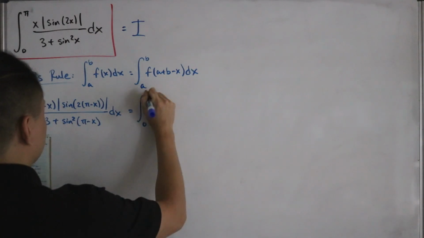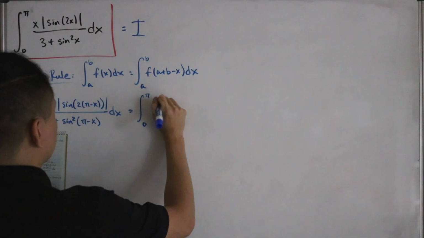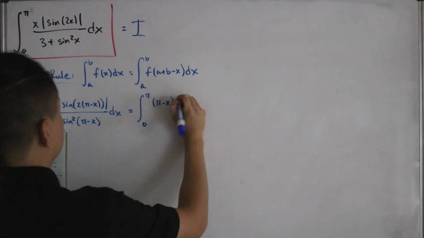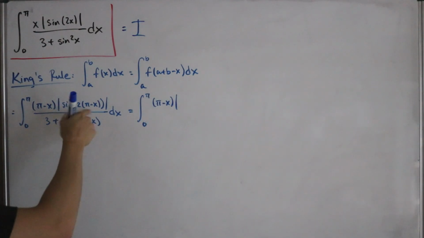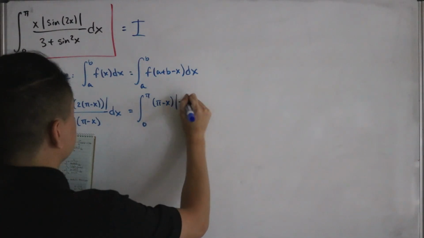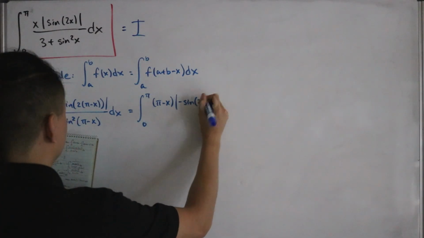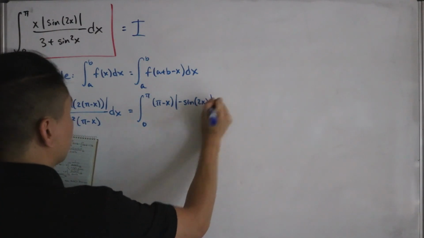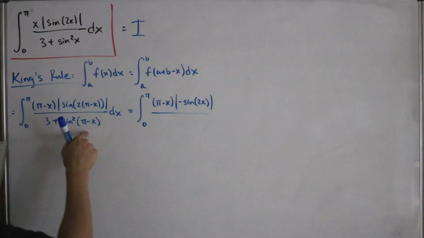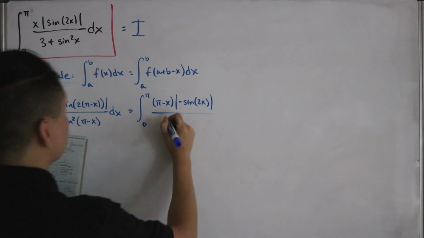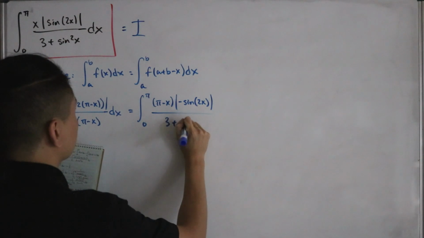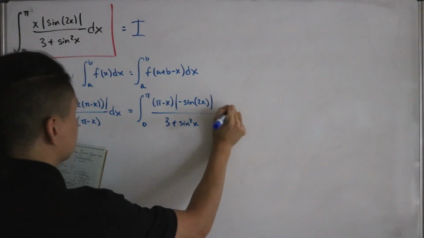What's also nice is that some things can be simplified easier. So from 0 to pi, I have pi minus x, and inside the absolute value, sine of 2 times pi minus x is the same thing as negative sine of 2x. On the bottom, sine squared of pi minus x retains the same identity as sine squared of x, and then dx.